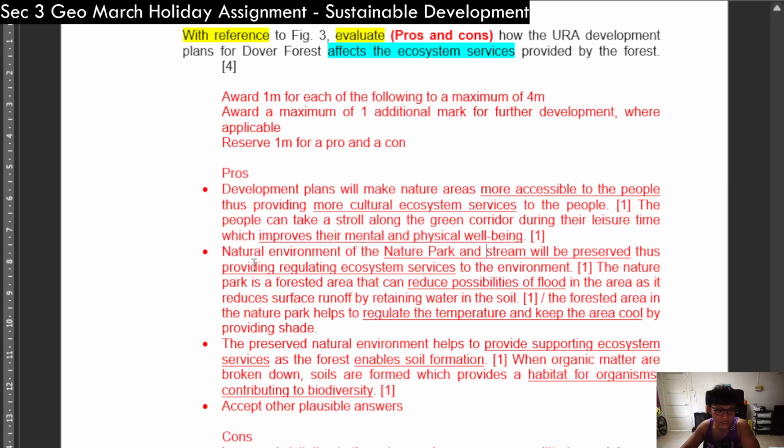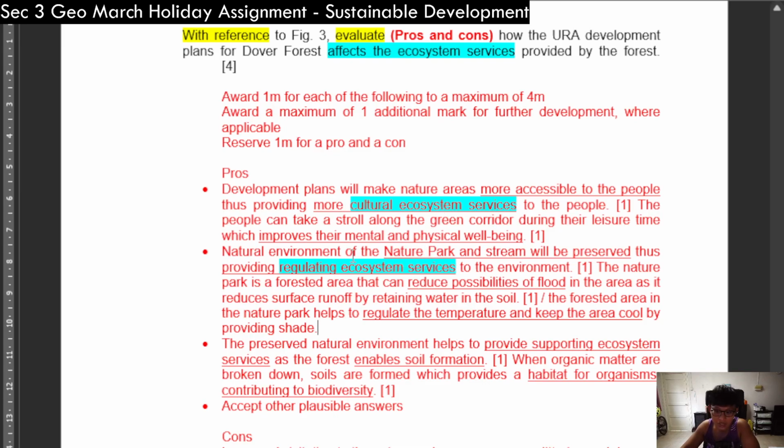So the second point would be the natural environment of the nature park and stream will be preserved, thus providing regulating services to the people. Remember you came across this question, right? This time round, the focus is very different, because it is not about whether or not the park is being taken care of, but rather about what services it provides.